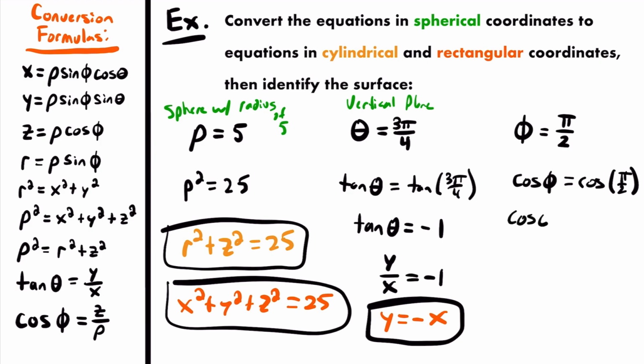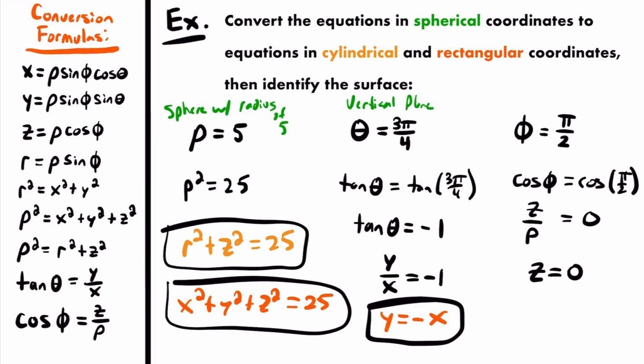So we have cosine of phi equals 0. But then we want to replace cosine phi with z divided by rho. All right, so I'm just going to do that right here. I'll erase cosine phi and write in z divided by rho. But it doesn't matter what rho is. If we multiply both sides of the equation by rho, you'll be multiplying 0 by rho, which just gives us z equals 0. And that's actually it.